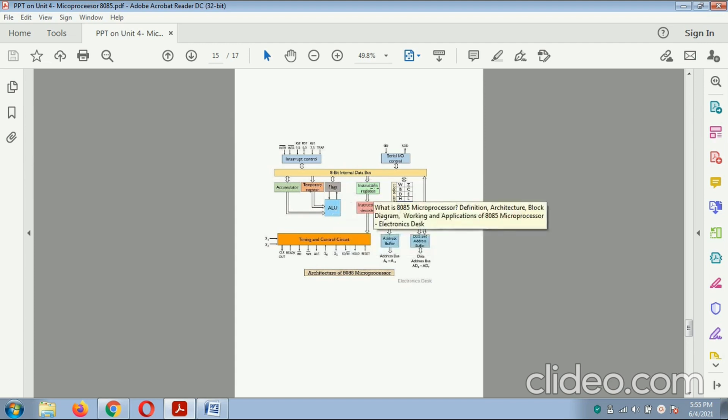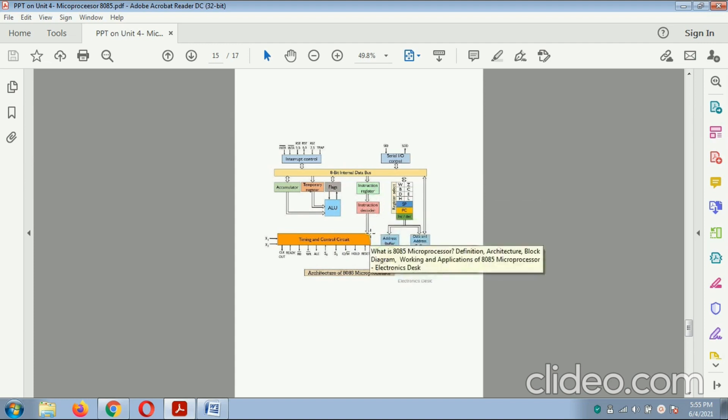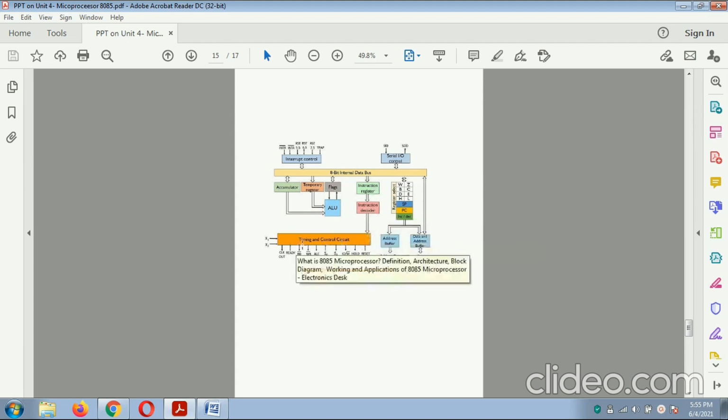Then it is again connected to the instruction register, connected to the decoder, and the decoder can be connected to the timing and control circuit. And the multiplexer, registers W, Z, B, C, D, E, H, L can be connected to the SP, PC, and the data can be stored with respect to the address buffer, that is the address bus, or the data buffer, that is the data bus.